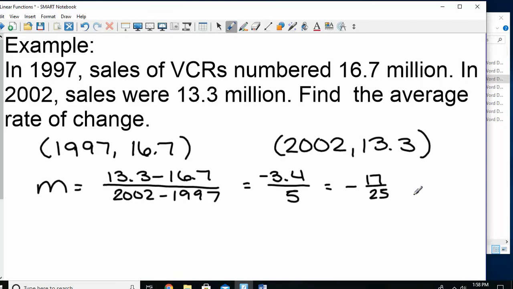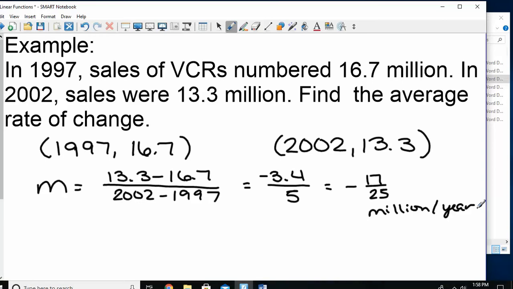So think about how we found this answer. We did y over x. What were the units on my y's? Million. What were my x's? Years. So being million per year. What's the negative telling me? Going down. It's decreasing that much every year.